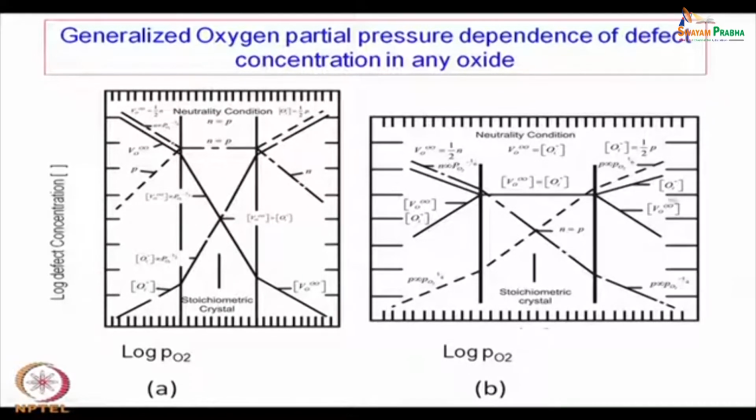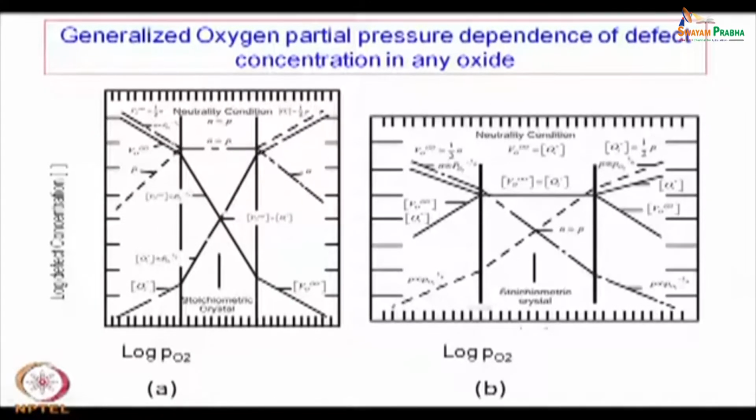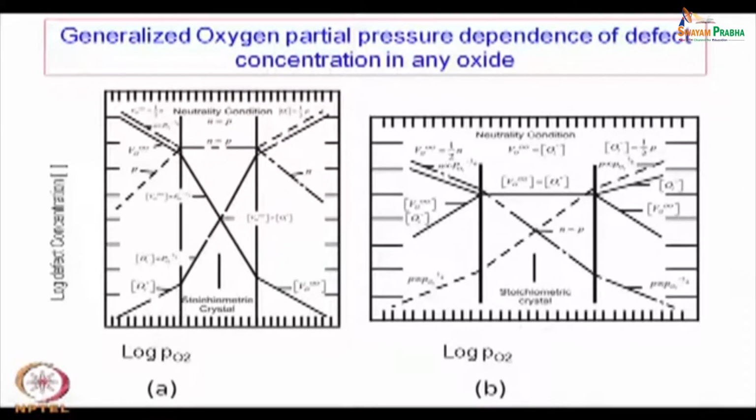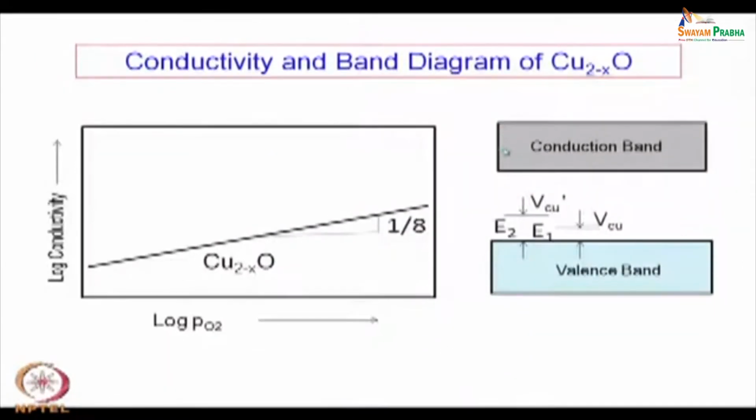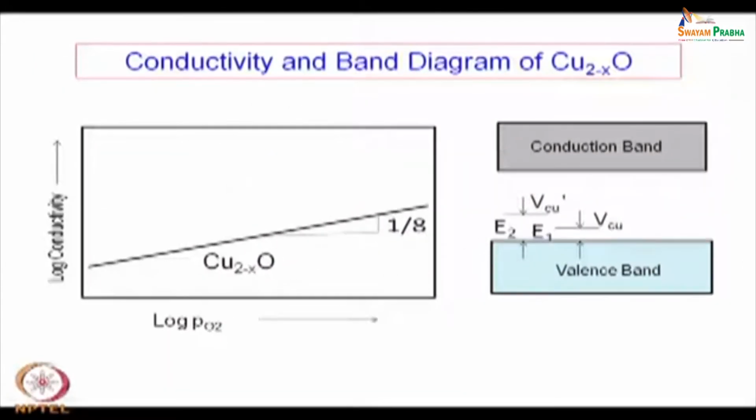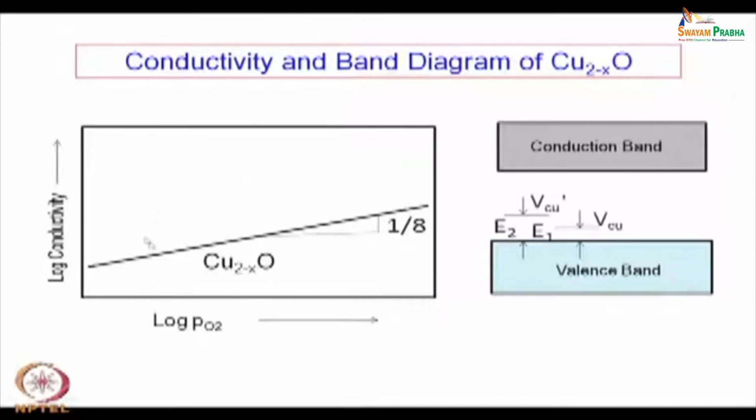These diagrams have of course been drawn only for a constant temperature. We are not considering the temperature effect here, it is only the partial pressure dependence at a particular temperature. Now, in that context, these have been discussed earlier also, but I will just give you some examples. For example, Cu2-xO, that means a cation vacancy, and because copper here is monovalent, and it is a cation vacancy, it will be a p-type conductor.